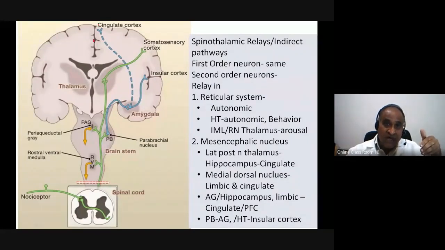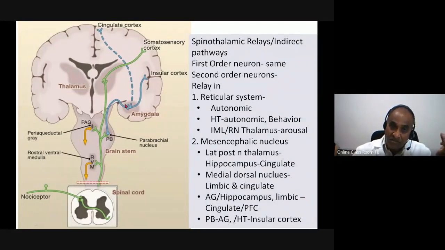Then it will also have connections with the cingulate cortex. So that's the second component. And the periaqueductal gray is also connected with the hypothalamus, the amygdala, limbic system, hippocampus, and other areas.